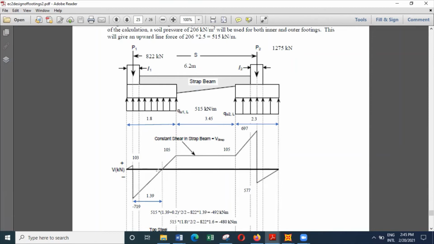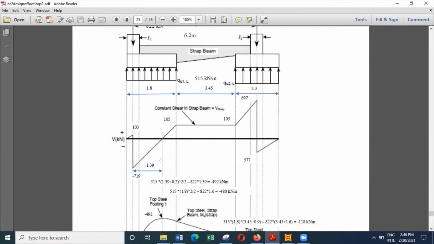Yes, it comes to 0, almost 0. So this way you can actually select this point, and then if you take moments about this particular point, then you can find the maximum bending moment on the outer footing.